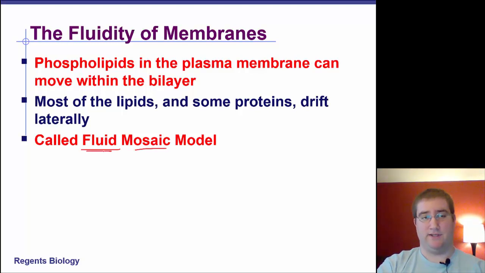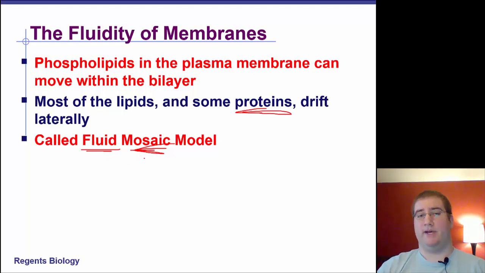The reason why it's fluid, as we said, is that the membrane can actually move, the phospholipids can move around. The reason why it's known as a mosaic is like a tile mosaic. You have a whole bunch of different tiles all put together. Well, we mentioned a while ago that the cell membrane is not just lipids. The cell membrane also has some protein floating in it. So that's why we call it a fluid mosaic model.